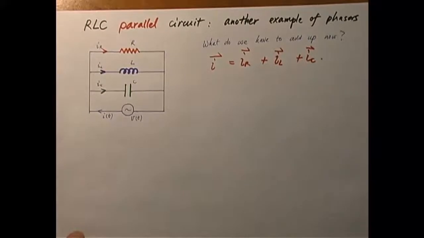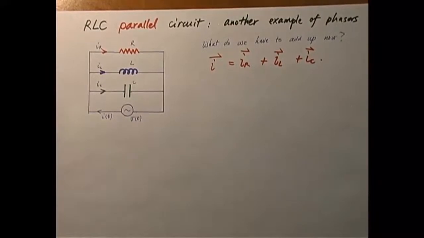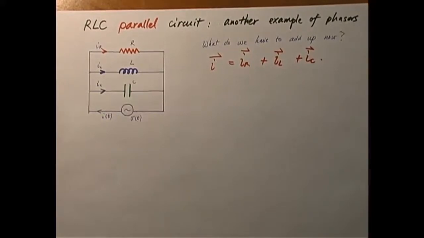Okay, this is what I have in mind. So, with that clear, I'm now ready to draw a phasor diagram for IR, IL, and IC. You know, IR has the same phase as V, as the phasor for the EMF, but IL would lag behind by 90 degrees, and IC would be leading by 90 degrees, right?